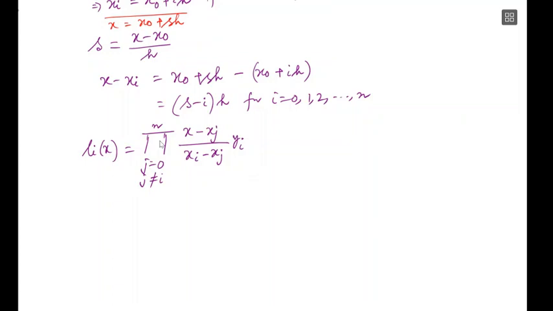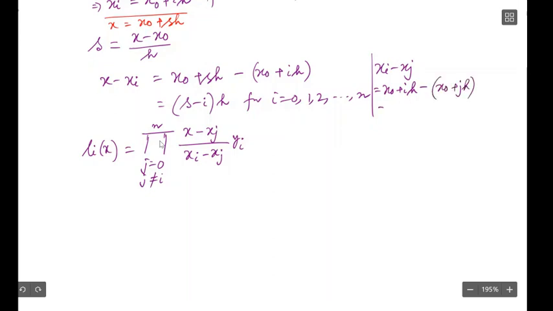So we need to calculate xi minus xj also. It is also not difficult. xi minus xj equals x0 plus ih minus (x0 plus jh), that is equal to (i minus j) times h for all i and j.